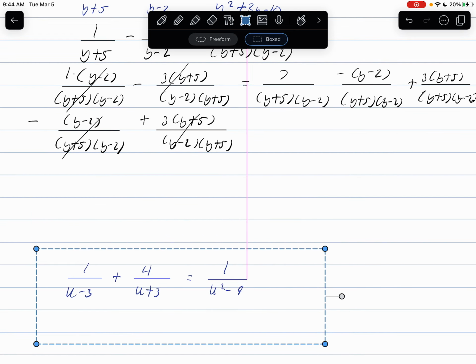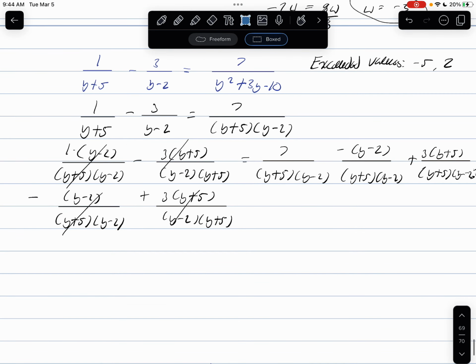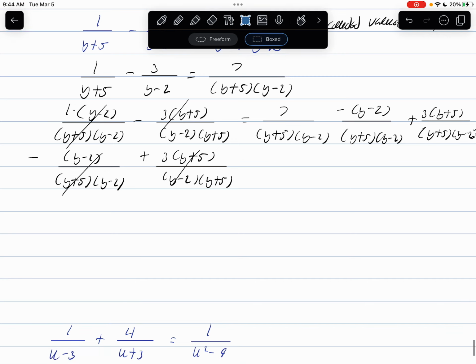And we're going to move this down, so we need more space. Okay, and so now what we have left is we can combine all of these on the right-hand side into one fraction.